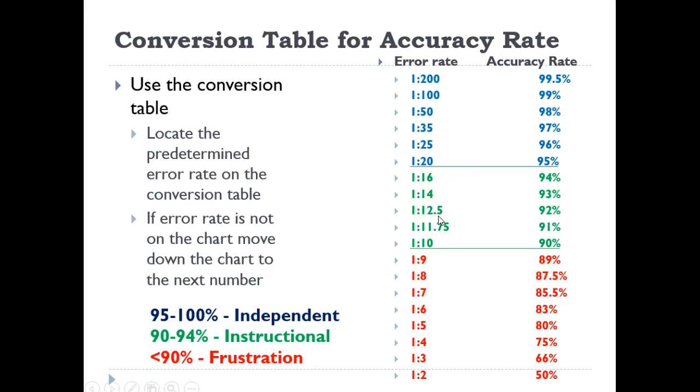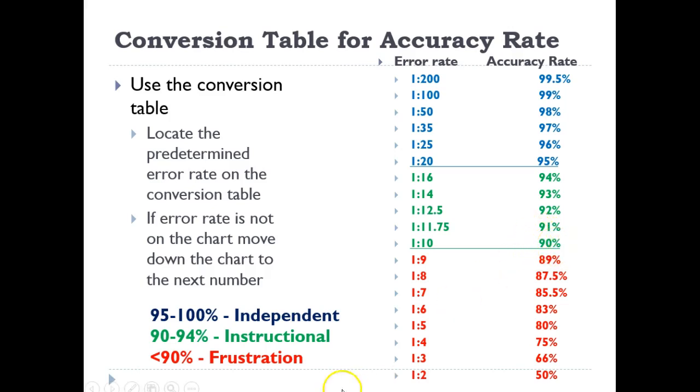It is important to note here, if the error rate is not on the chart, move down to the next number. But here it falls beautifully for us because our error rate is 1 in 10. So we're going to go all the way across, and using our error rate, we've now discovered what our accuracy rate is, 90%.